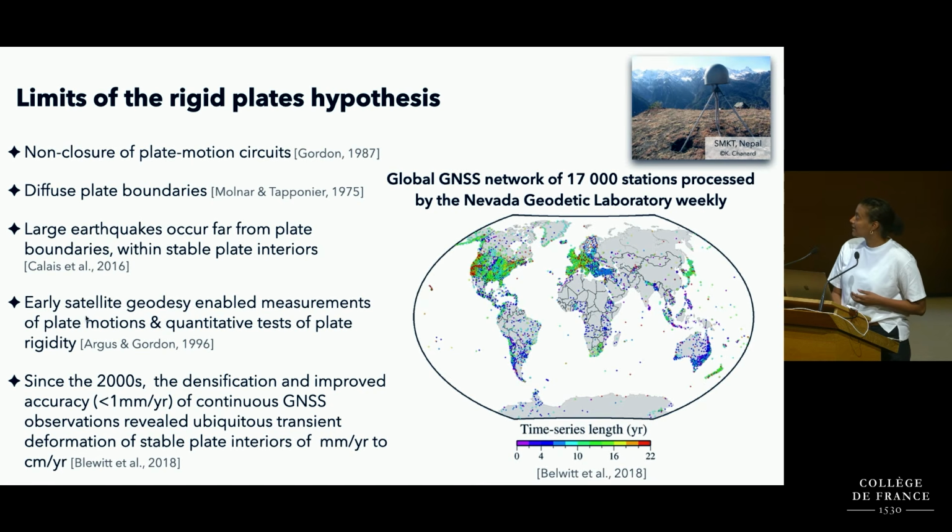You can see here a map of the global network processed weekly by the Nevada Geodetic Laboratory of about 17,000 stations in 2018, and now I think it's about 25,000 stations worldwide. And those stations can give us deformation measurements with an accuracy of a fraction of a millimeter per year.